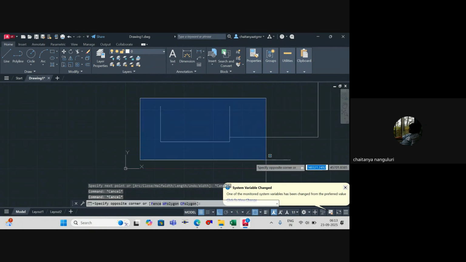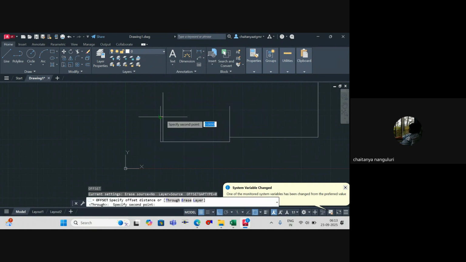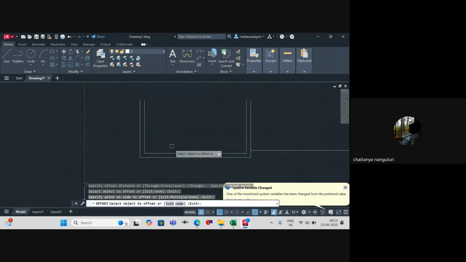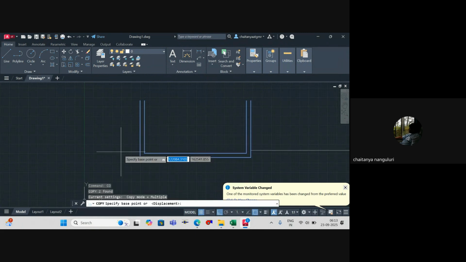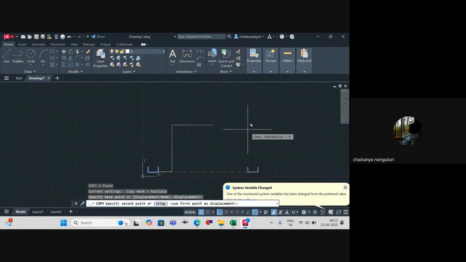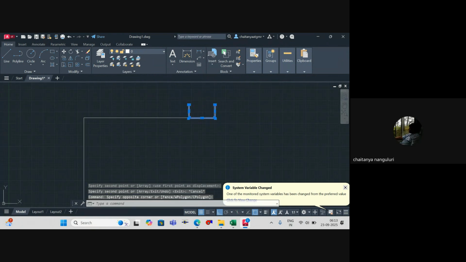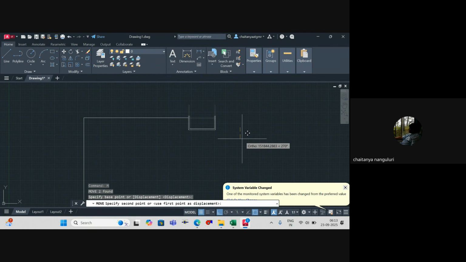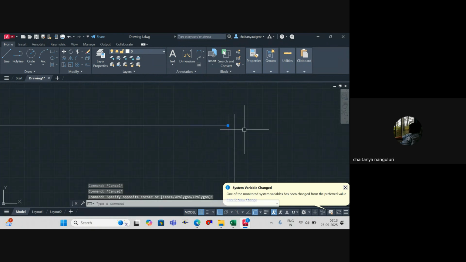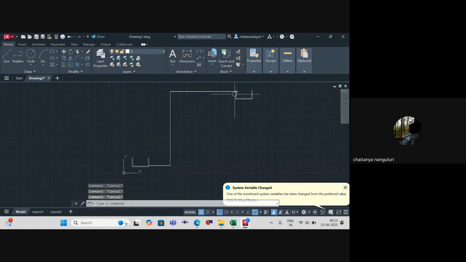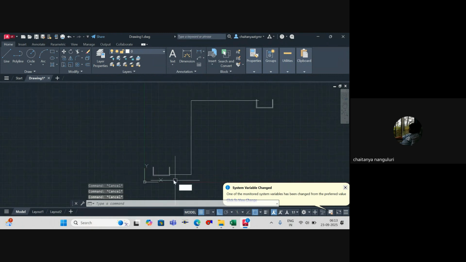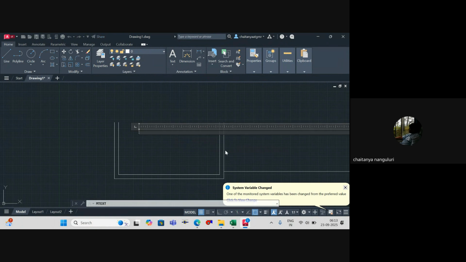Then I've got my overhead tank, the underground tank, and similarly my overhead tank as well. The overhead tank will always be at the top, you'll provide the supply there. I'll just give the numbers.